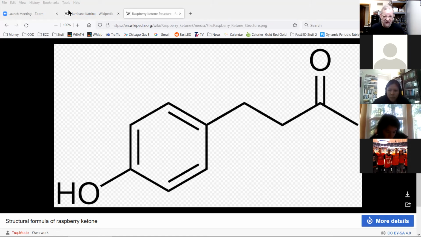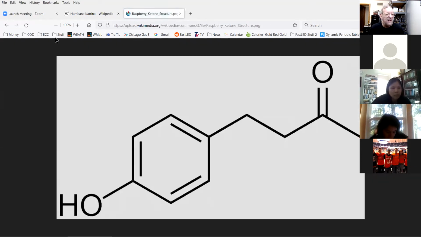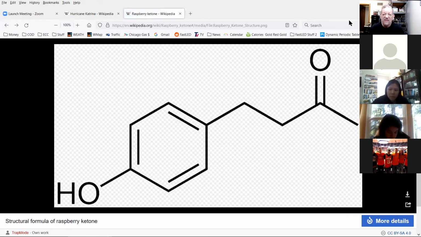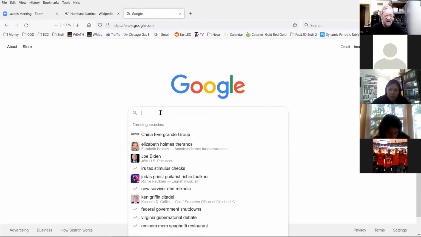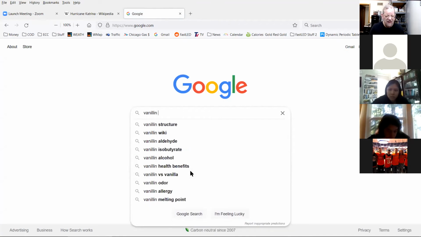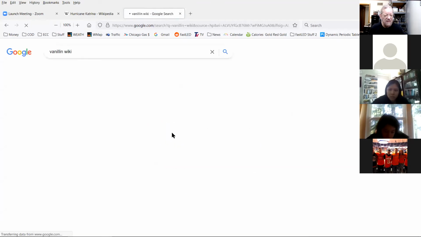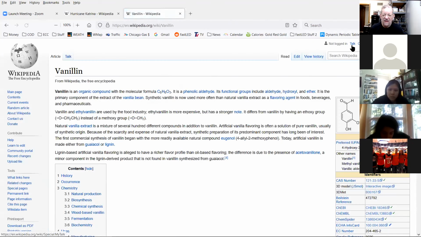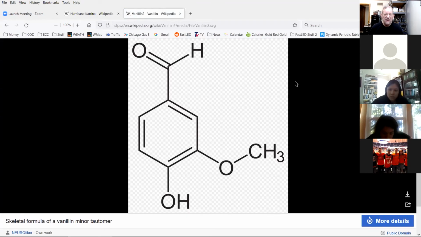Now there's another one which I really like. And this molecule is vanillin.